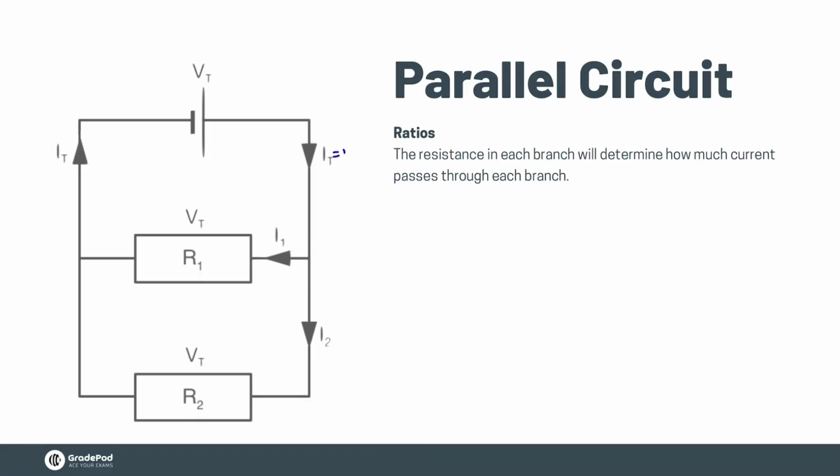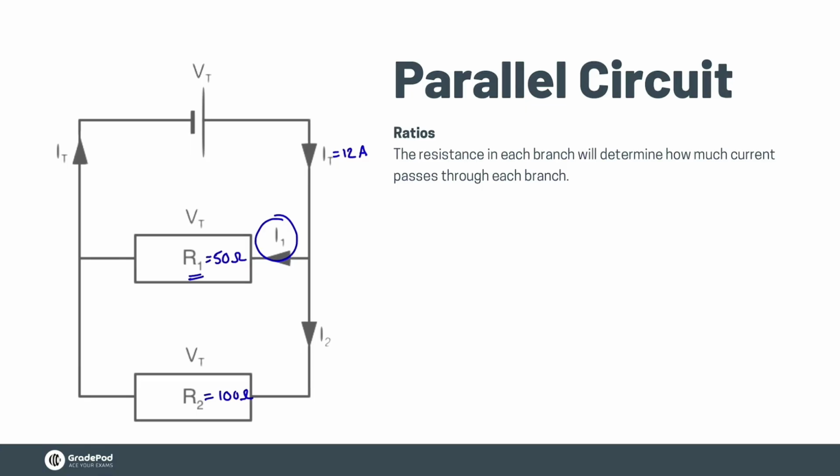However, let's say we've got 12 amps going in here, and let's say that this is 100 ohms and this is 50 ohms. If I was a current, I'd probably want to go through branch 1 because it would be easier, there's less resistance. But some would still go through R2 as well. Twice the amount of current would go through here because this is half the resistance of that one.